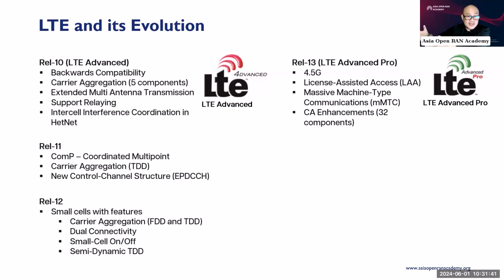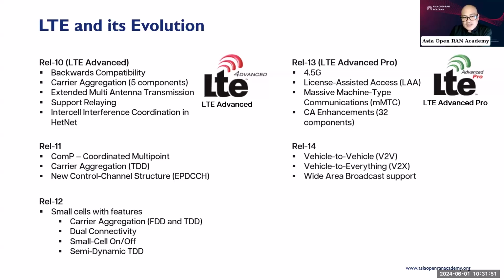And then later on, makita nyo, yung tatlong yon will be further enhanced plus added pagdating ng 6G. Okay, but later on sa pag-uusap natin sa 6G. And then release 14 is the vehicle to vehicle like the V2X, no? Ito yung mga autonomous vehicle na connected sa network.